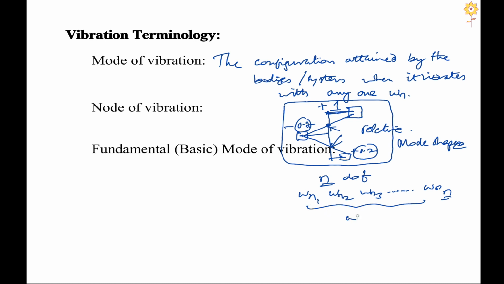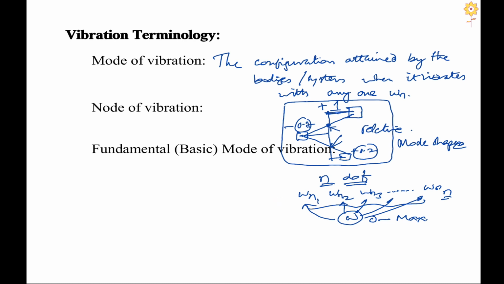I am going to use some motor for running the machine. The excitation speed will be omega, and I can range the values from 0 to some maximum value. Whenever this motor speed matches with any one of these frequencies, I have resonance. So I practically have n number of resonances, as there are n degrees of freedom.